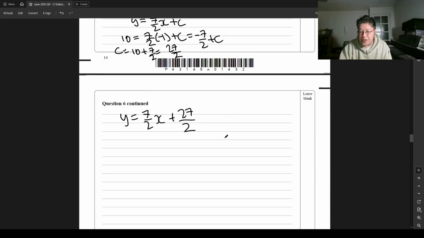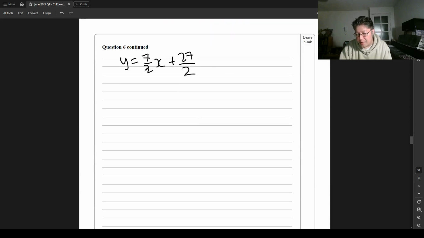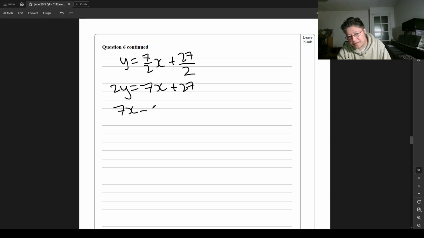So if there's any fractions, we have to remove them by multiplying by the denominators. So we'll multiply everything by 2, each term by a 2. So here we get 2y equals, that becomes a 7x, and that becomes a 27. And lastly, we'll just get everything to one side. So 7x minus 2y plus 27 equals 0.